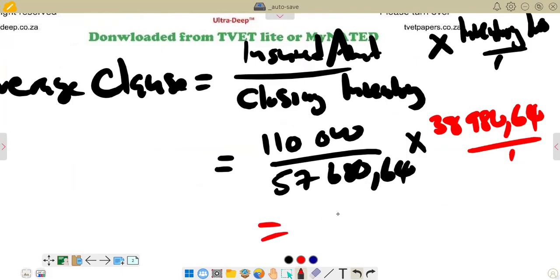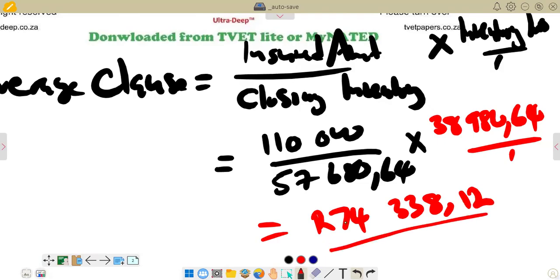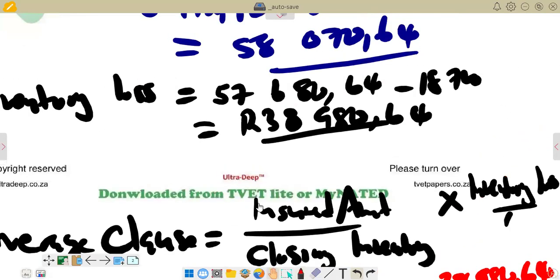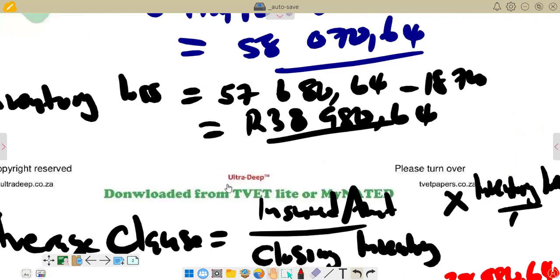Then if you calculate it correctly, you are supposed to get, to 2 decimal places, 74,338.12. So this is the calculation that we have for average clause. And then also we found our inventory loss as 38,980.64.